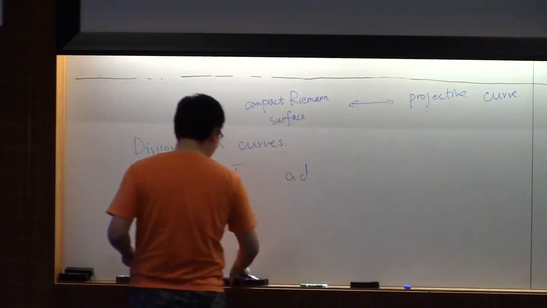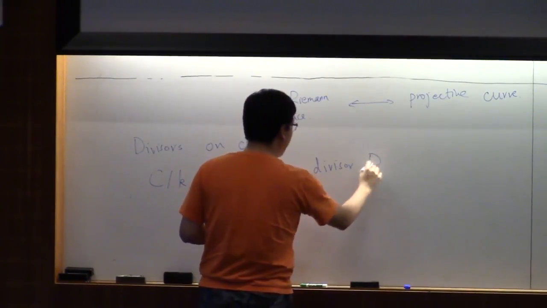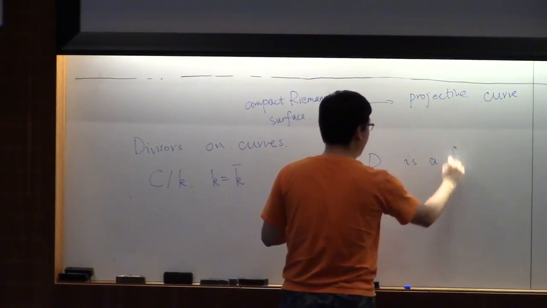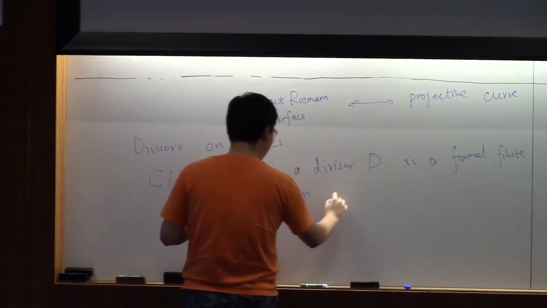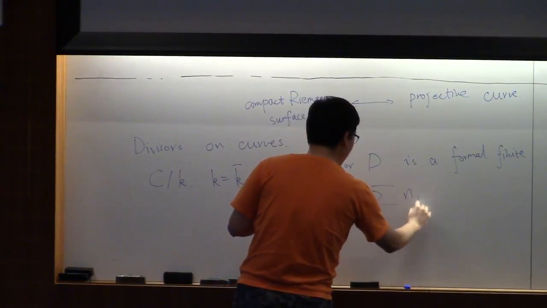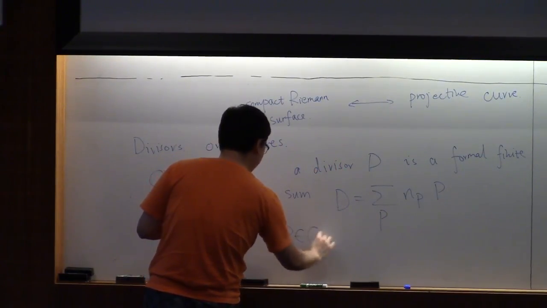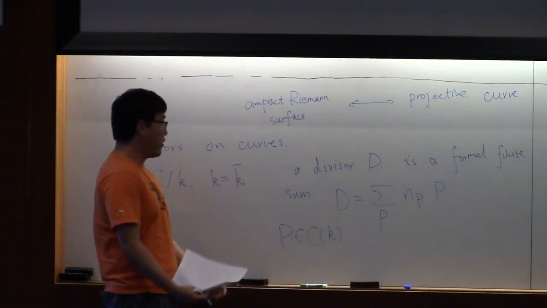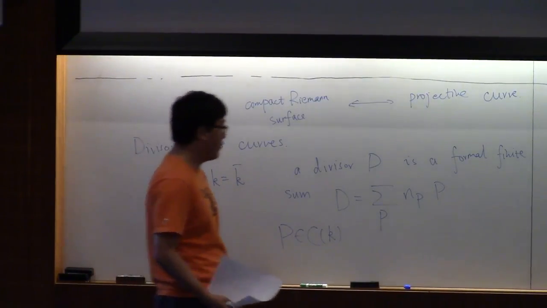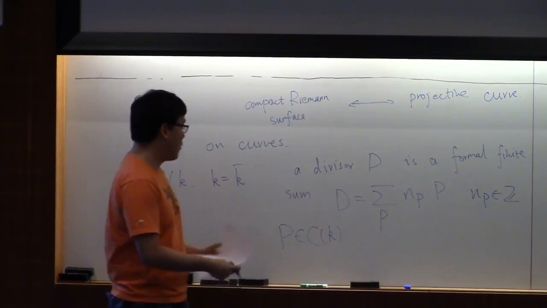Then, on such a smooth projective curve, a divisor is just a formal finite sum, D equals the sum of n_P times P. Here, these P are just some points on the projective curve, and the n_P are just some integers, and then you consider such a formal sum.